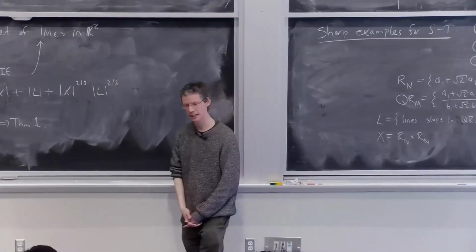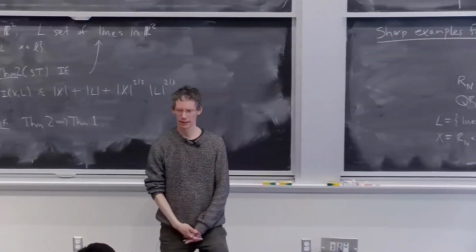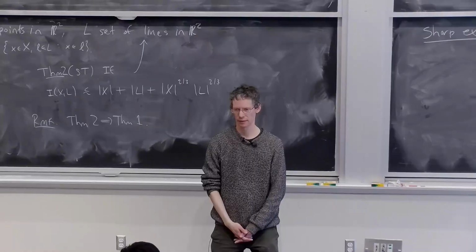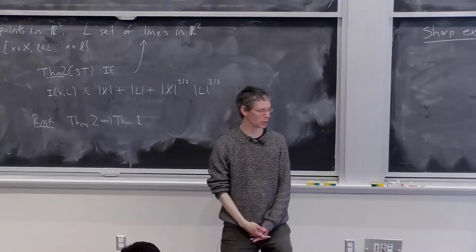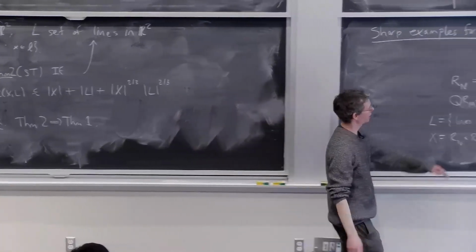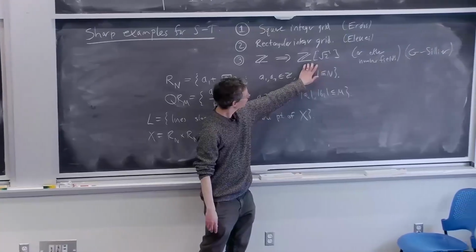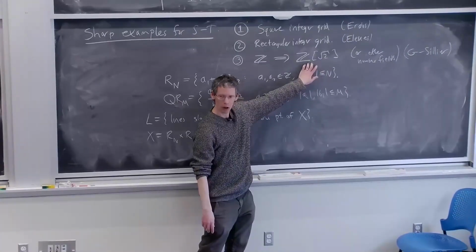Yeah? For the quadratic number field examples, is it important for it to be a unique factorization domain? Because it seems like if that fails, then you get extra collapsing along projections. But I don't know if that's important. Yeah. So the question is whether it is important that our ring has unique factorization. I don't think it's too important.